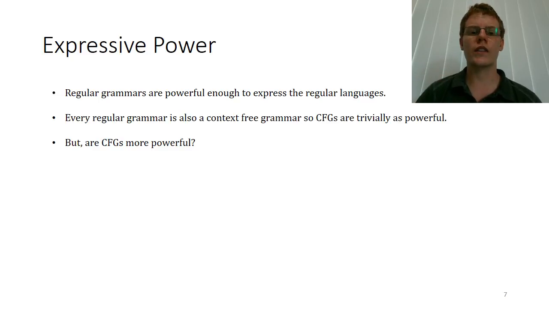So before, when we had the deterministic finite state machines and the non-deterministic finite state machines, we knew the non-deterministic variants were at least as powerful as the DFSMs, because every DFSM was trivially an NDFSM.